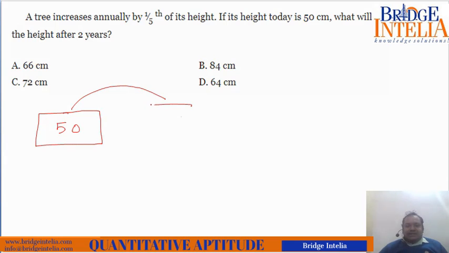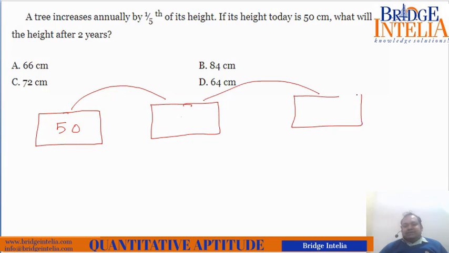So 2 years later, what will be its height? It increases by 1/5, so find 1/5 of 50. 1/5 of 50 is equal to 10. So the new value is 50 plus 10, that is equal to 60.